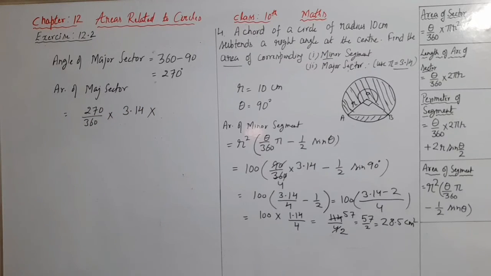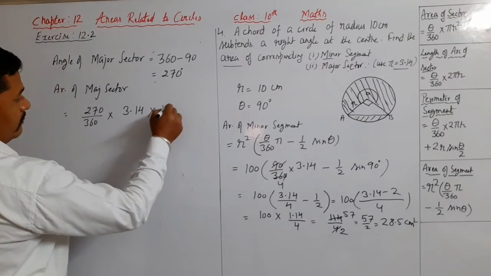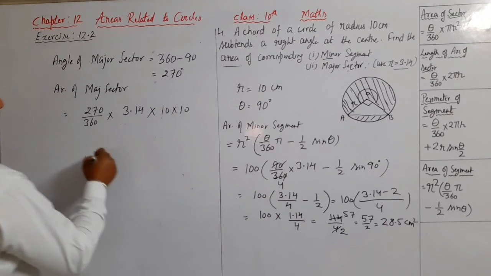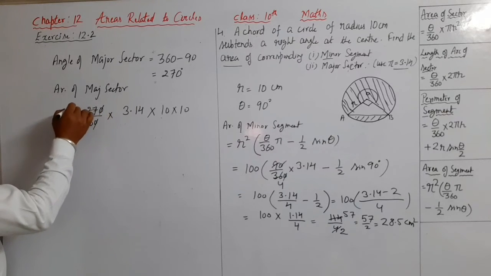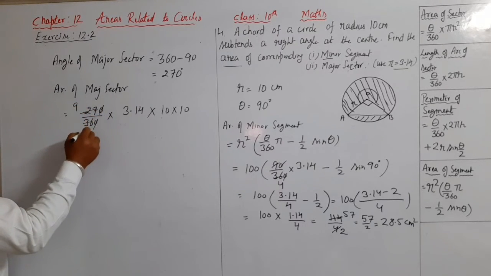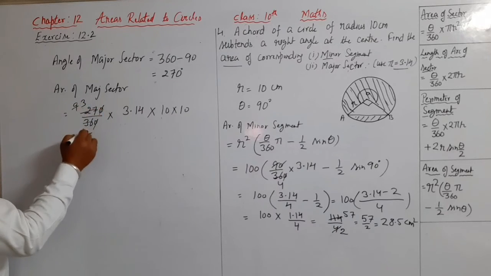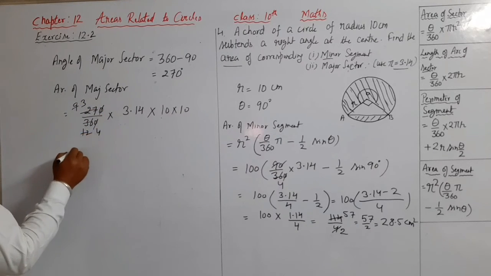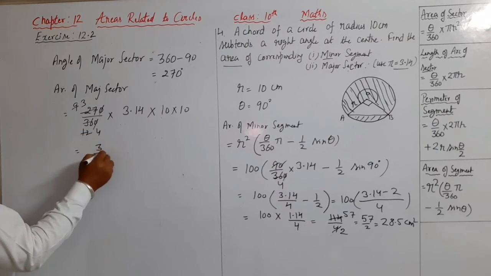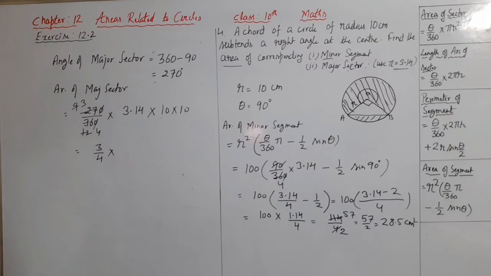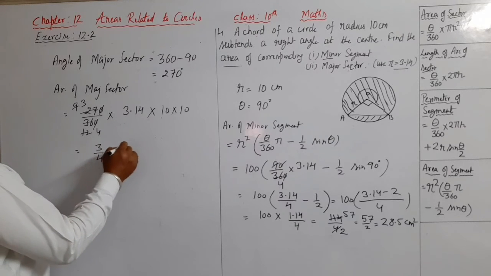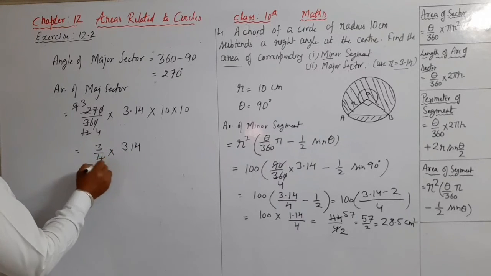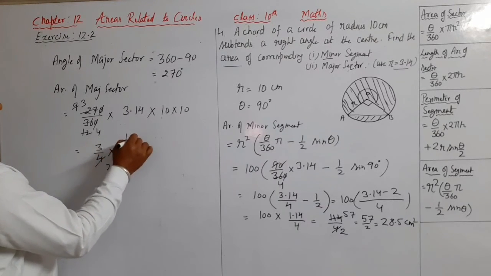into r square, 10 into 10, zeros cancel. 3 ninths are 27, 3 upon 4 into 3.14 into 100 is 314, cancel by 2.